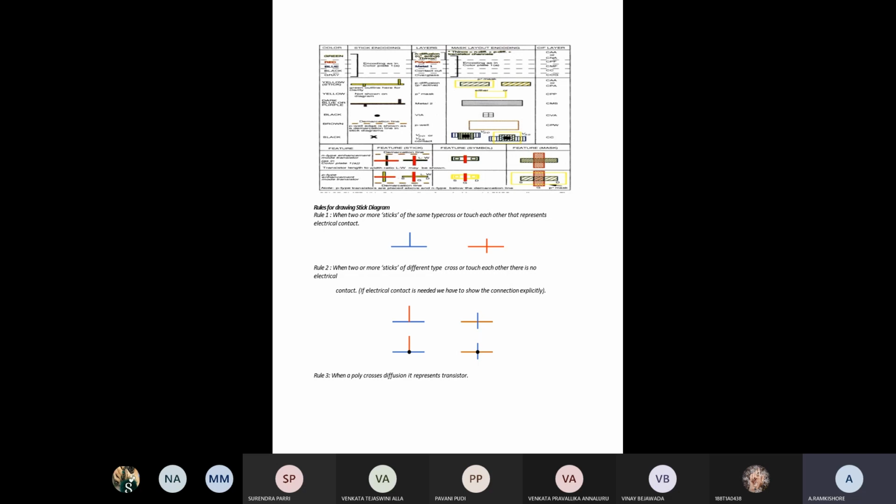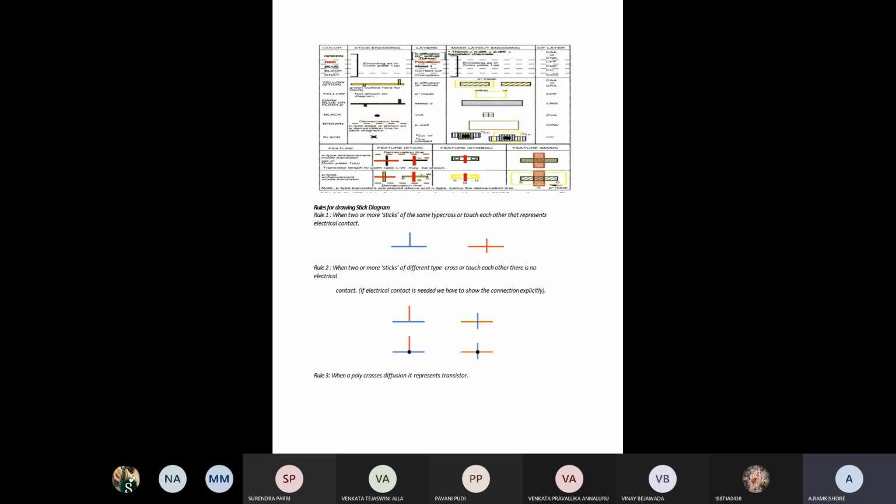If the same two colors cross each other, for example N diffusion, drawn like a cross mark, that cross indicates there will be an electrical connection.